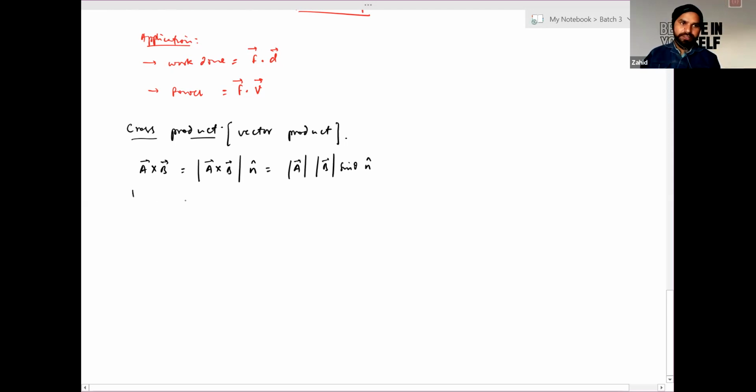If you equate the first two terms, you will get n cap equals A cross B divided by |A cross B|.